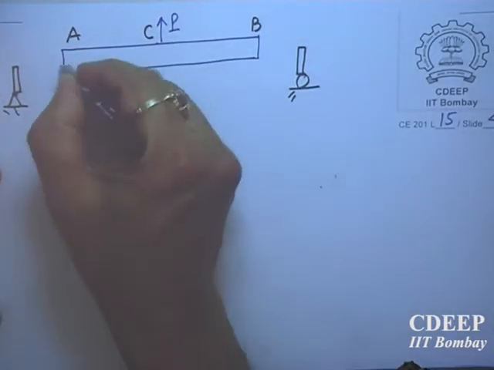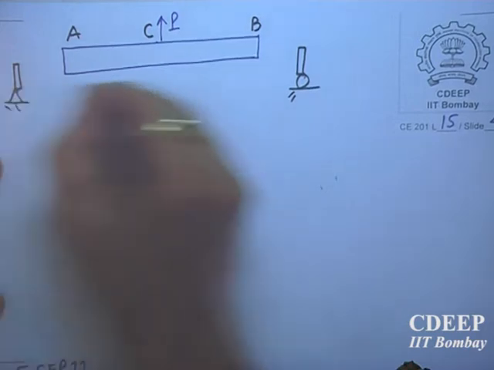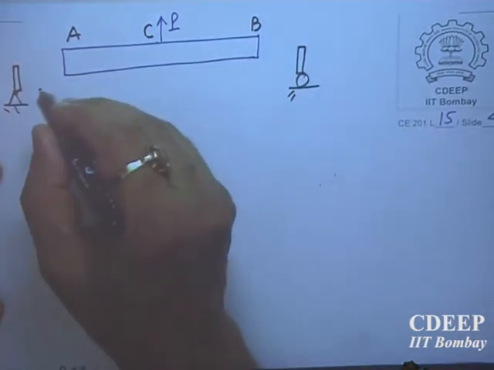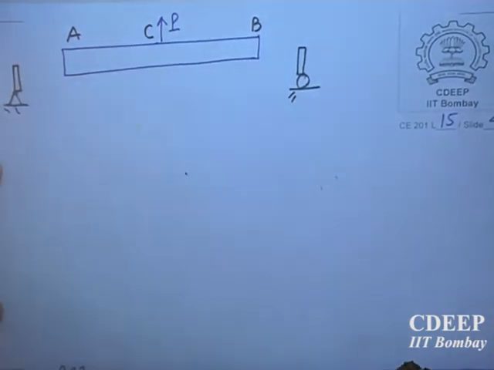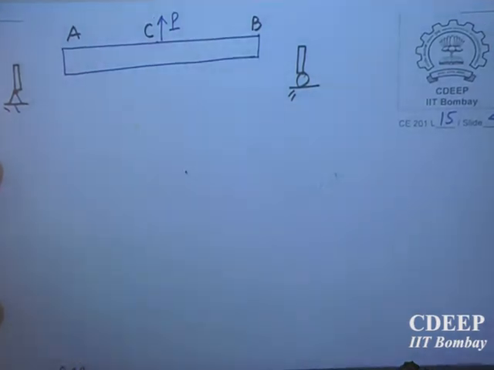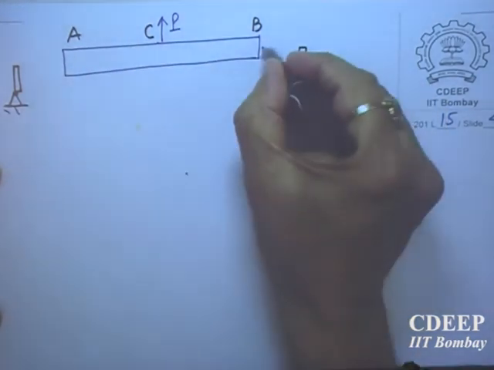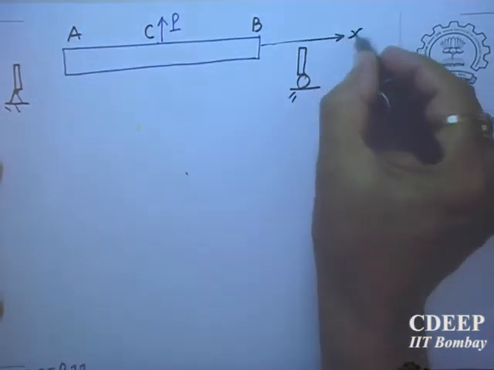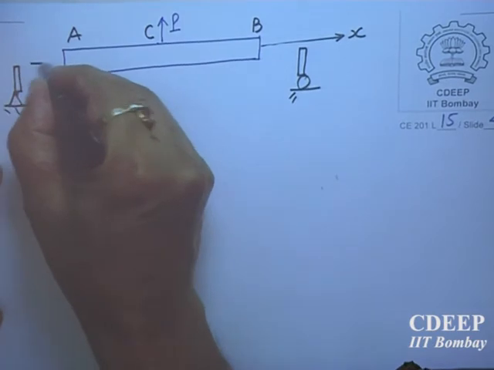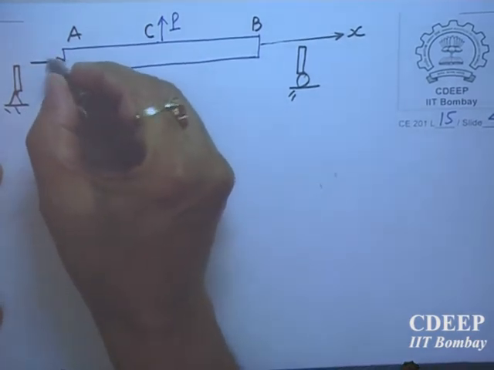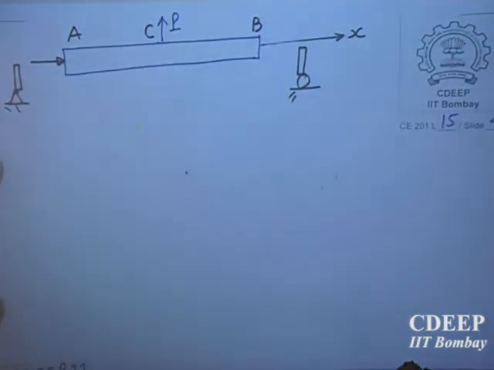Now this point is not allowed to move in X direction. If you don't allow any movement, there has to be a reaction in that direction. Is it clear or not? If you constrain any movement, there has to be a reaction. So in X direction, this is X direction, there are different notations in books, but I will just tell you.